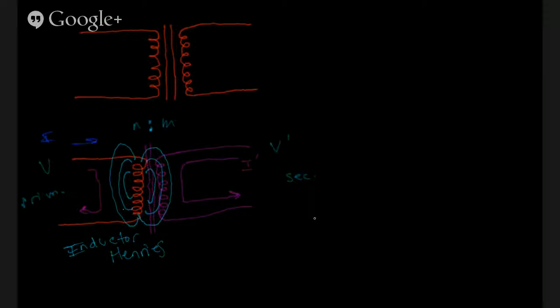But what makes transformers useful is if we change this ratio and say we have 10 times as many windings on this side as we do on this side. Then whatever voltage we put in on here, according to this ratio, we'll get a tenth of the voltage over here. So let's say there's 100 volts going through this transformer.